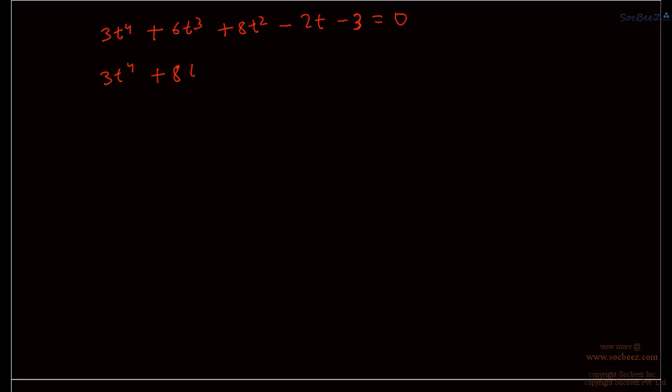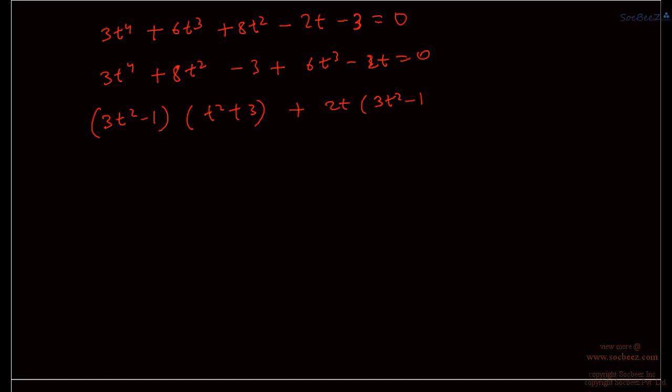So write this in terms of this: 6t minus 2t, 3t squared minus 1, t squared plus 2t into 3t squared minus 1, or (3t squared minus 1) into (t squared plus 2t plus 3) equals 0.